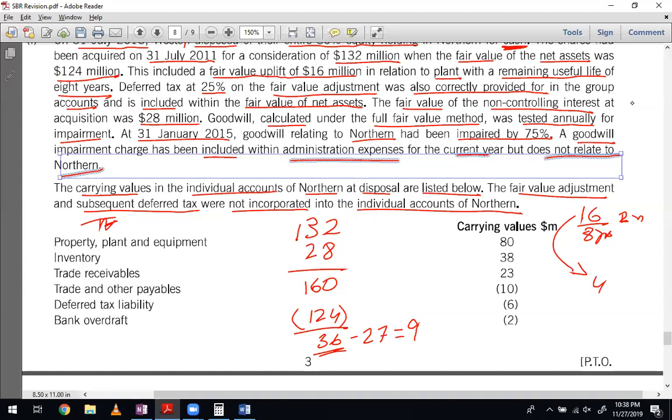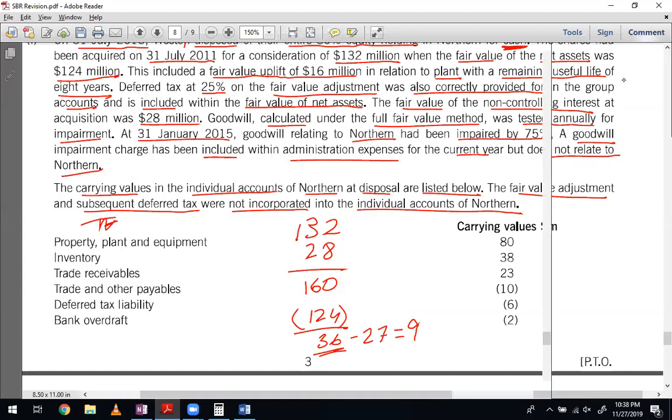So this actually means that we should be adding 16 million in the property, plant and equipment.